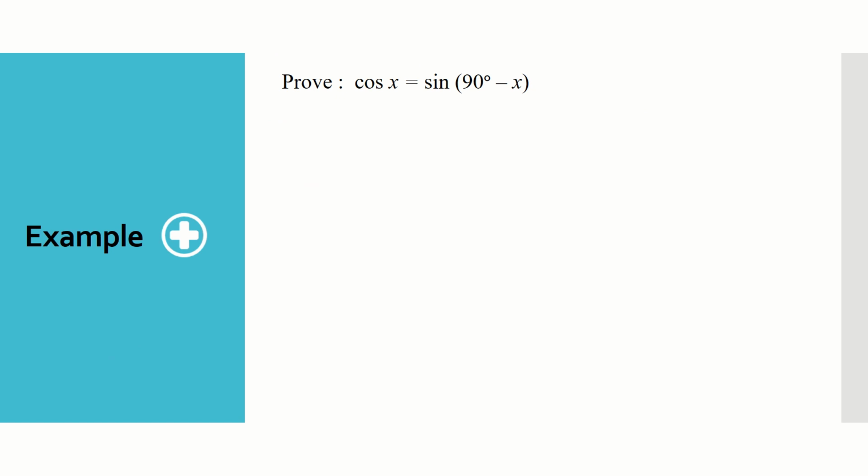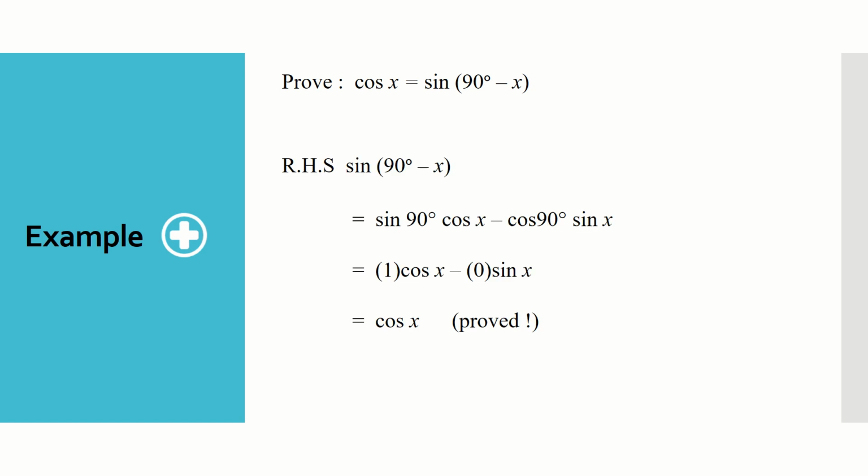Finally, going back full circle, how do we prove cosine x equals sine 90 degrees minus x? With the principle that we are always to start with the more complicated expression, the right-hand side sets us up for more potential to begin.